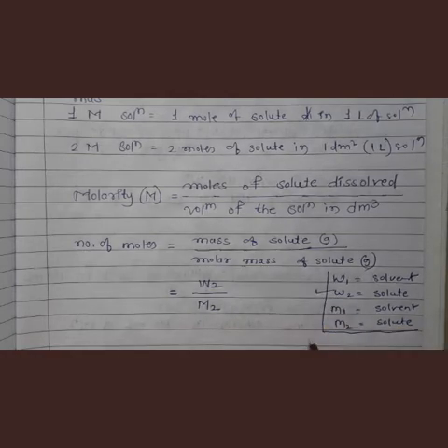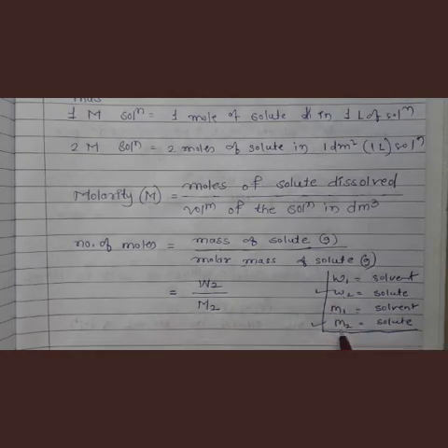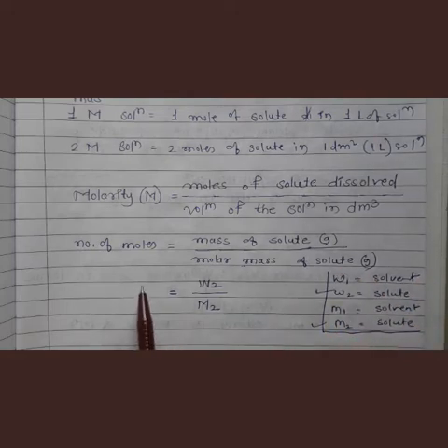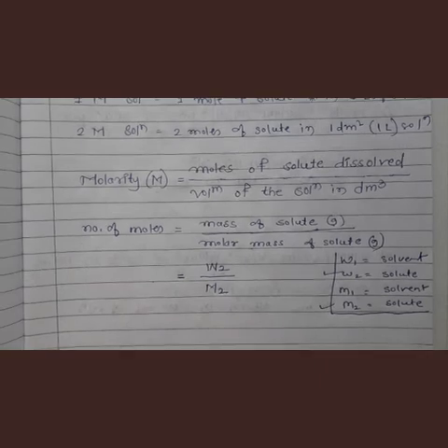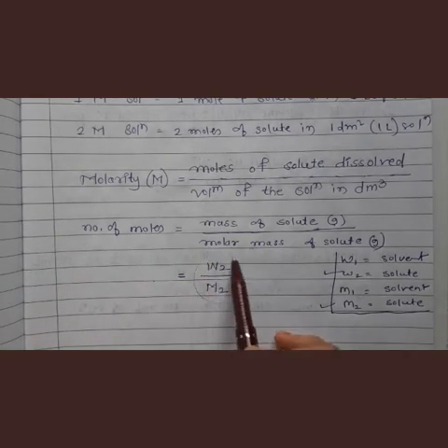So W2 and M2, these quantities are related to the solute, and we are finding the number of moles of solute. That's why mass of solute W2 and molar mass of solute M2. Understand? So see, now this value we have to keep in this equation.